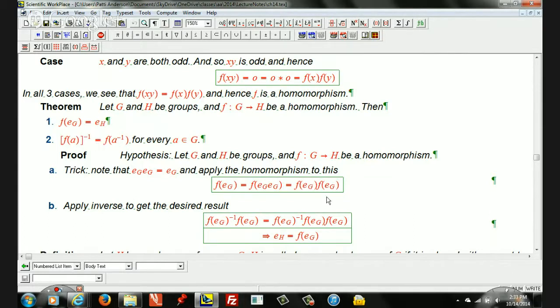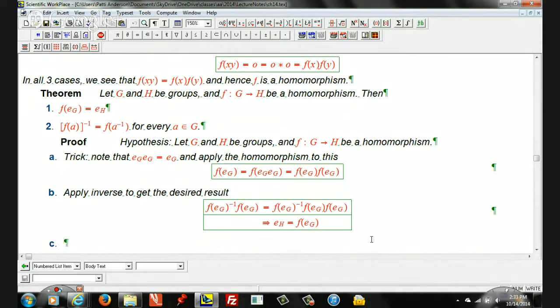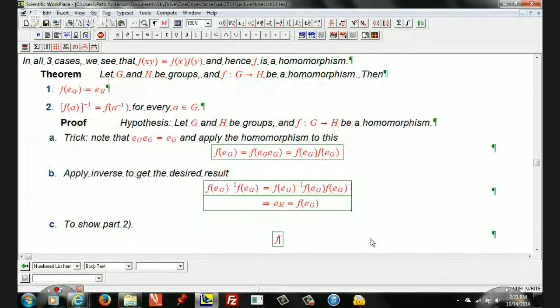How do you show part two? You're going to just plug it in. Yeah. So you have F of a, because you're trying to take the inverse of this value, so you're just operating on it with this value right there. Apply your homomorphism.